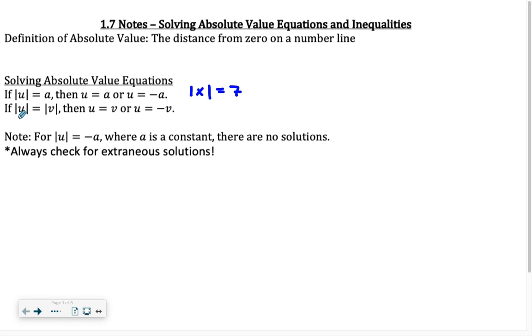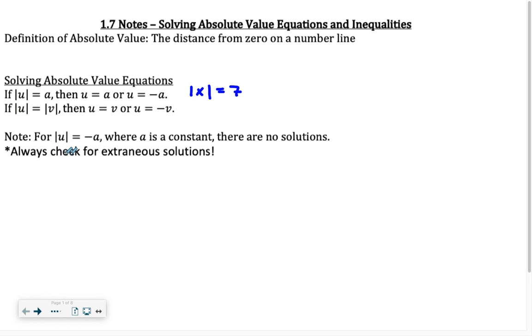And it's the same idea if I have the absolute value of something on both sides of the equation. If I've got the absolute value of a function equal to the absolute value of another function, then we would just say this function equals that function, or this function equals the opposite of that function.